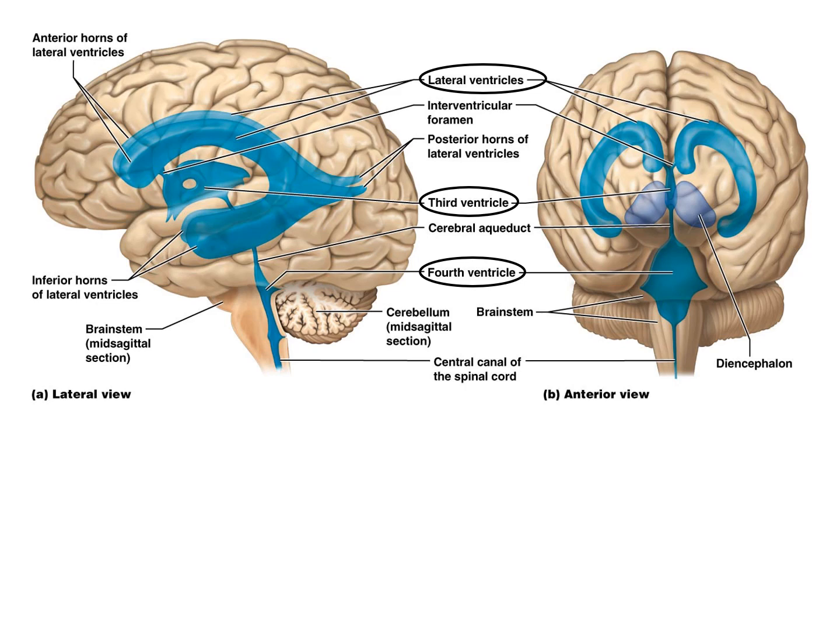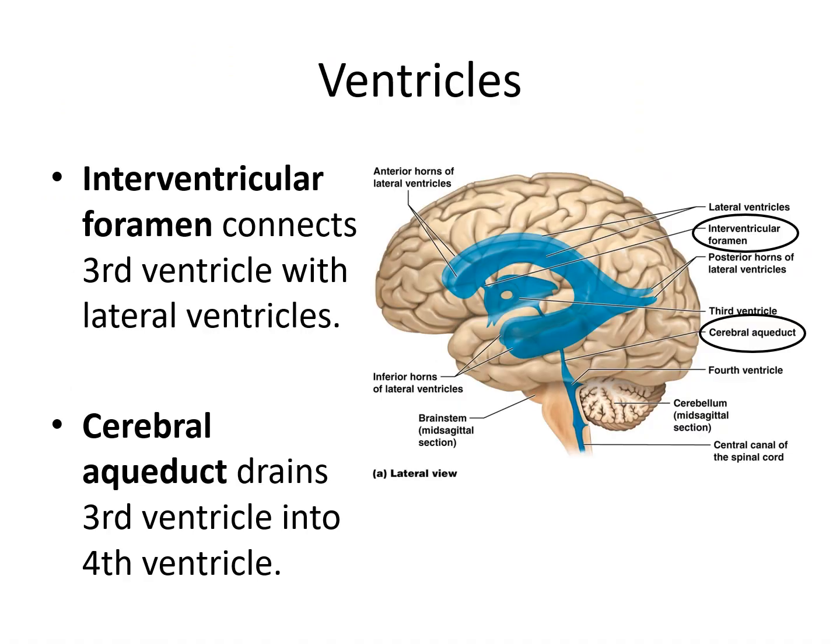In the laboratory, you will see a gray model that depicts just the ventricles alone, which you will probably see in a PowerPoint. Now, 2 other structures of the ventricles are what connect each of the chambers together.